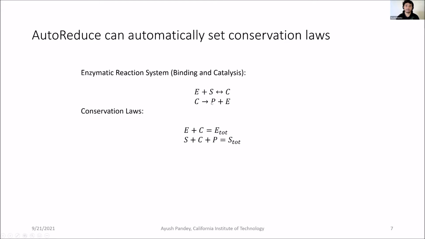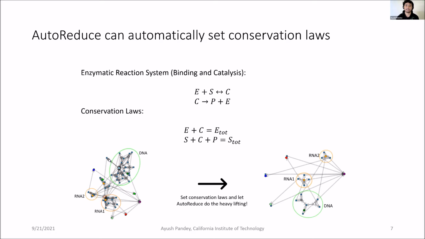But what if we have similar binding and catalysis, but hundreds of times? So for example, on the left here, you may have lots of different binding reactions, which may lead to conservation laws similar to the enzymatic reaction system. And once you set those conservation laws, you are eliminating one variable per conservation law. So you end up having a simpler model.